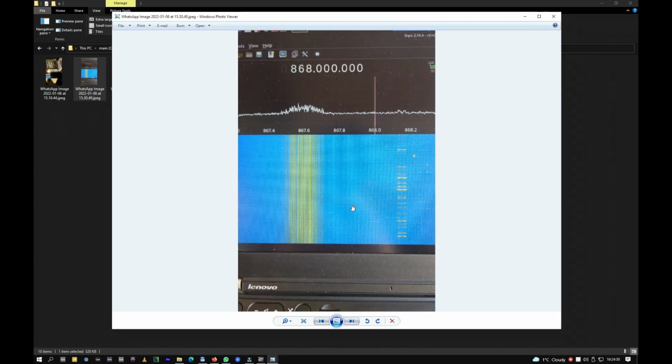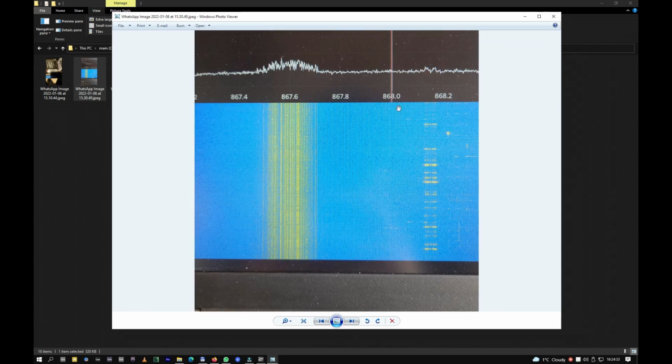And there we are. You see, we got 868 right here. These bursts, these lines here, I think they are LoRa signals, the beacons. But look over here, it's in close proximity, 867.6.